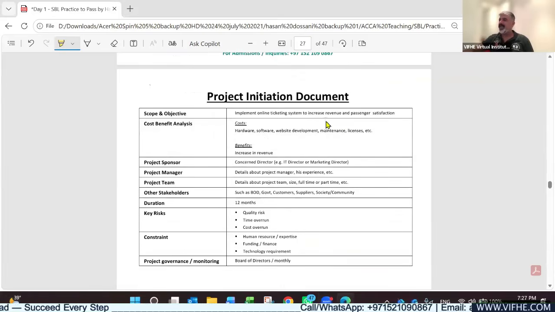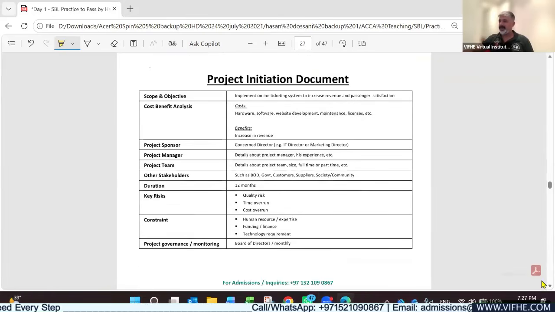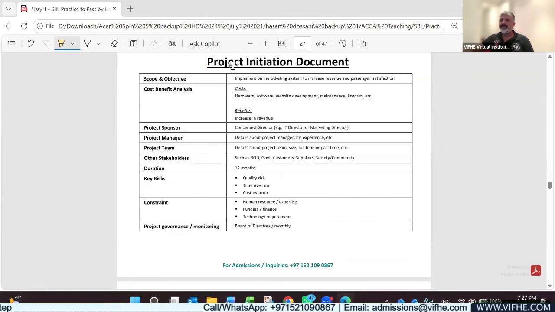Another thing is called project initiation document. This has been tested like 2 or 3 times. It's a very specific topic for project management. So you will not be asked to prepare a project initiation document.